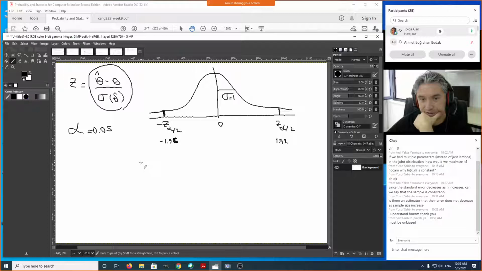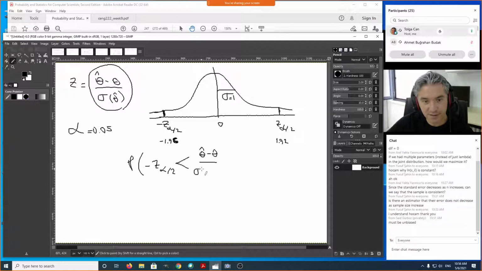So 95% of the population is here. So let's write this. This is a standard random variable. The probability that minus z alpha over 2 is less than or equal to, or less than, it doesn't matter, it's continuous, theta hat minus theta.